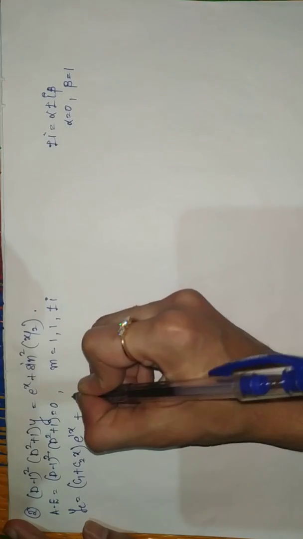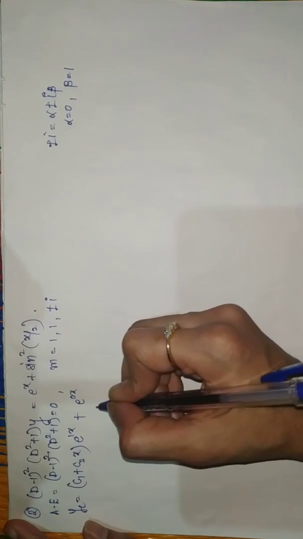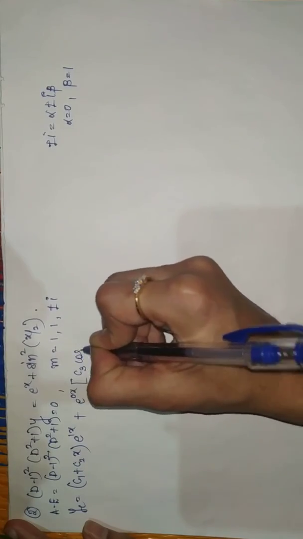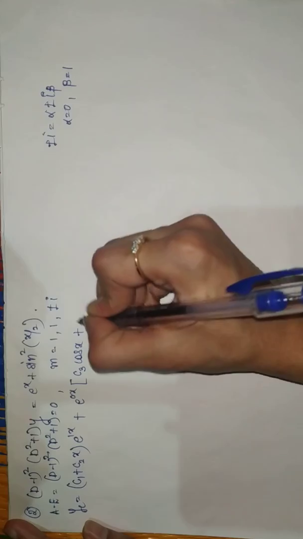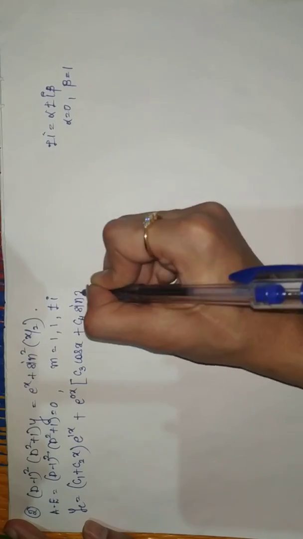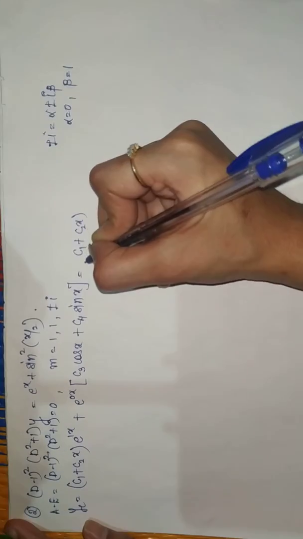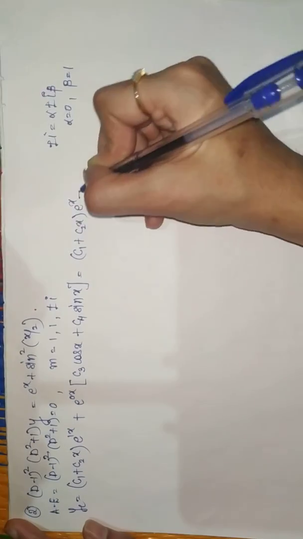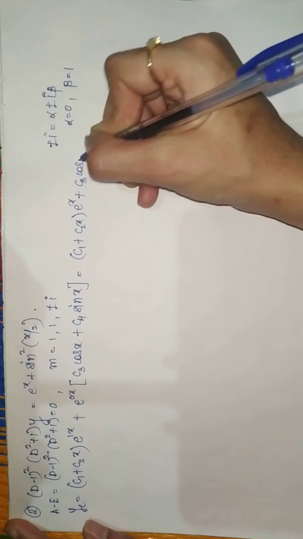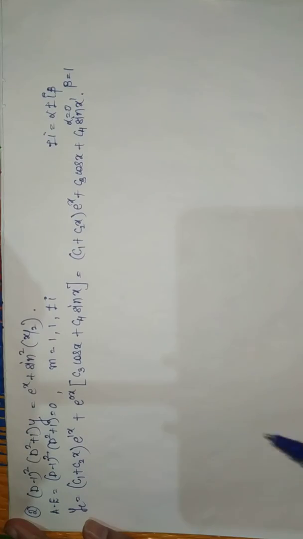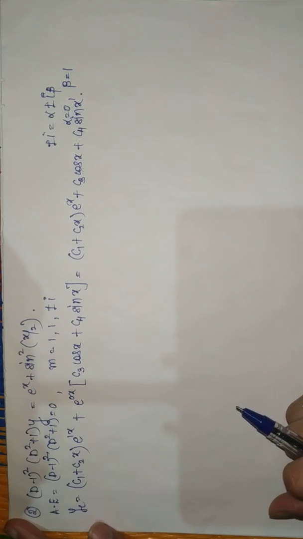So we can say e to the power 0x, that is e to the power alpha x, into c3 cos beta x, which is cos x, plus c4 sin x. So we can say (c1 plus c2 x) e to the power x plus c3 cos x plus c4 sin x is the required complementary function.